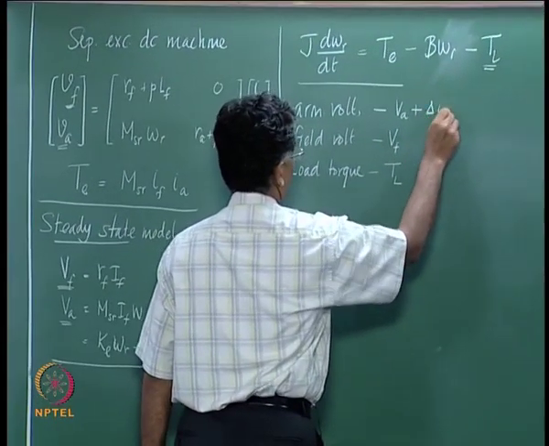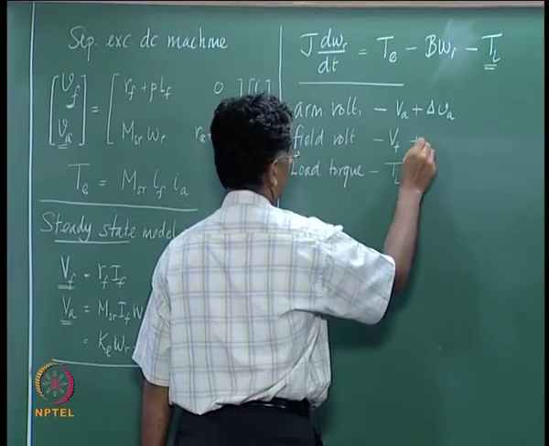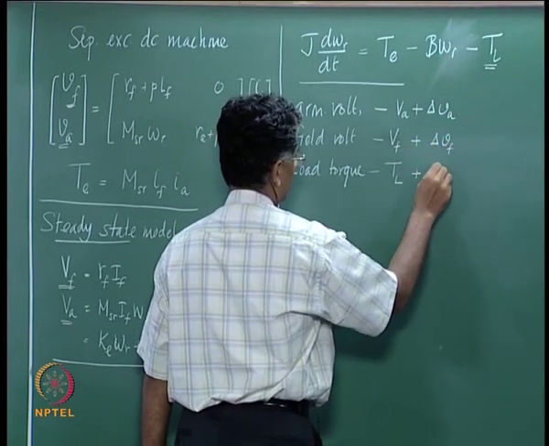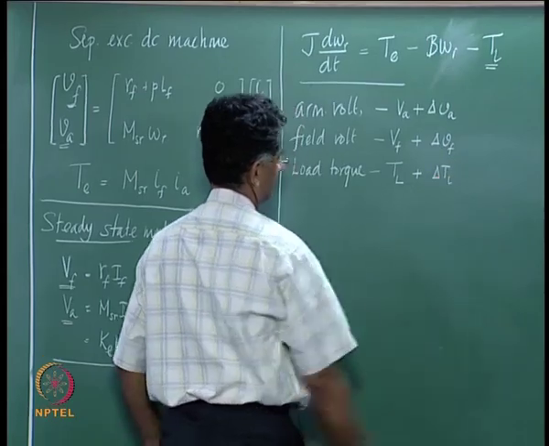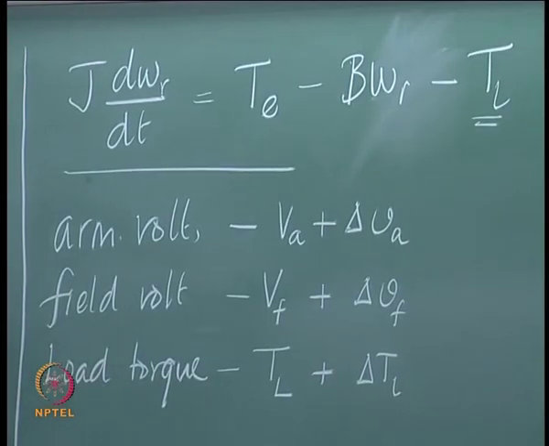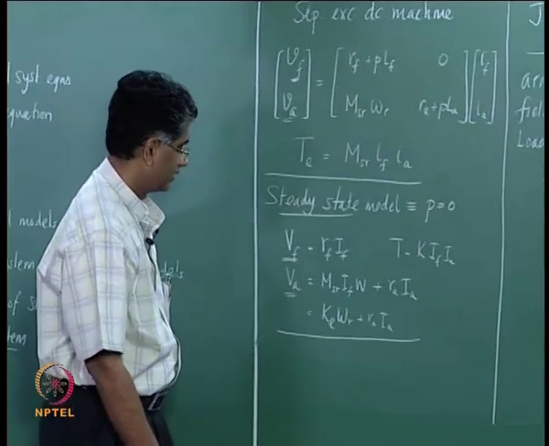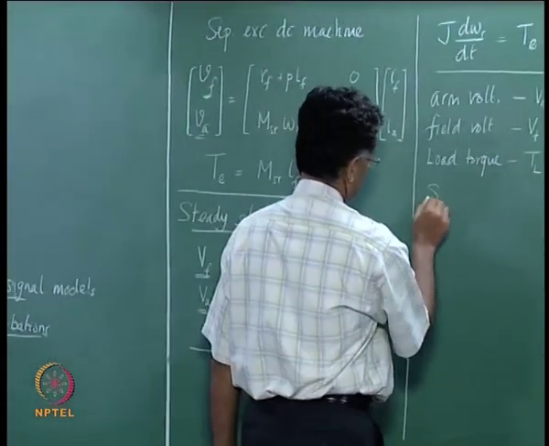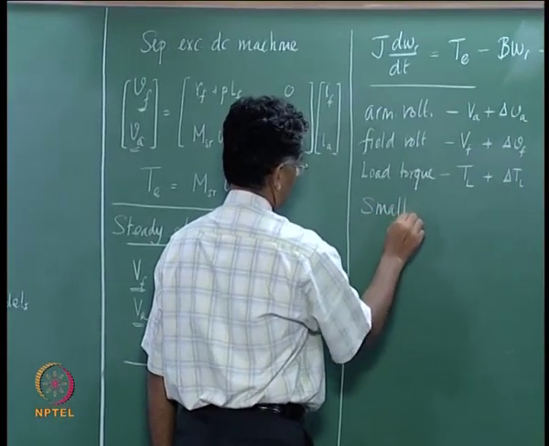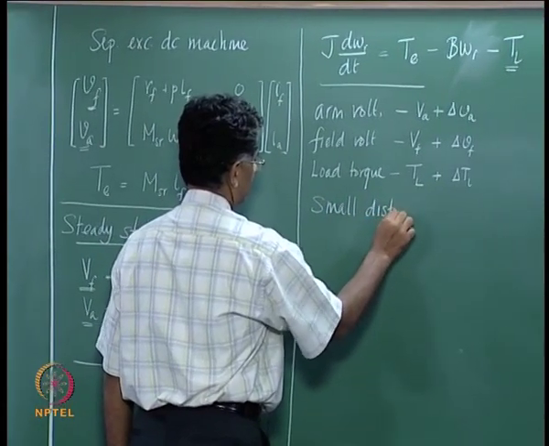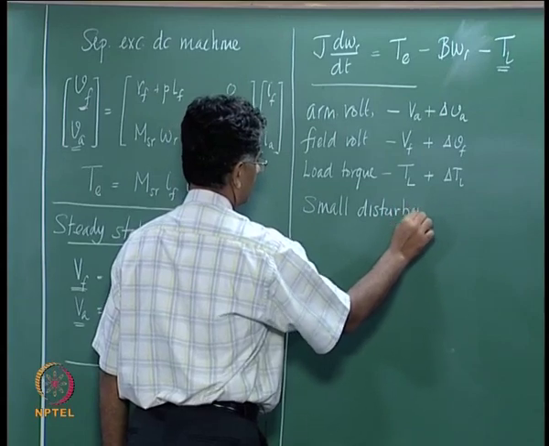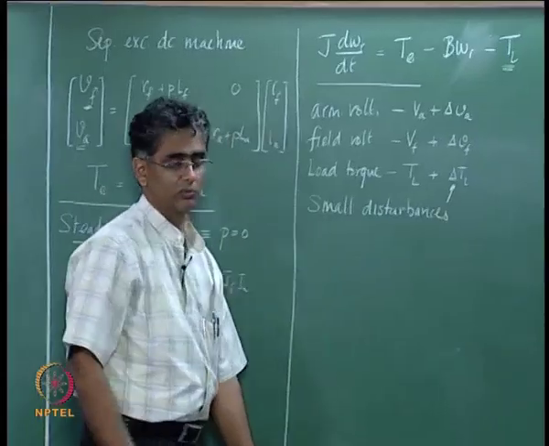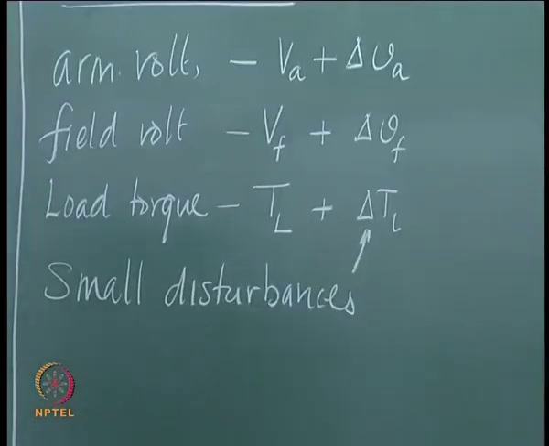So we have a small disturbance delta Va, a small disturbance delta Vf and a disturbance delta TL. It is important to understand that we are looking at small disturbances. The disturbances are not large, they are really very small.